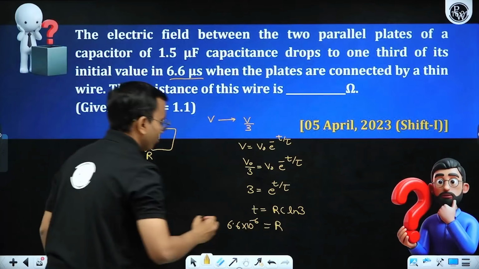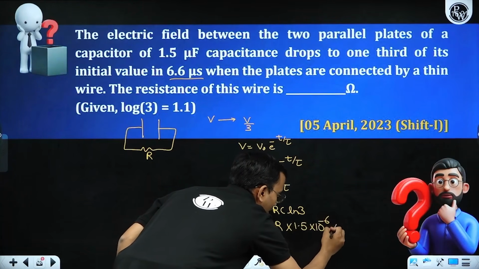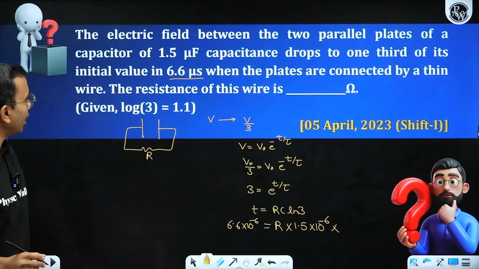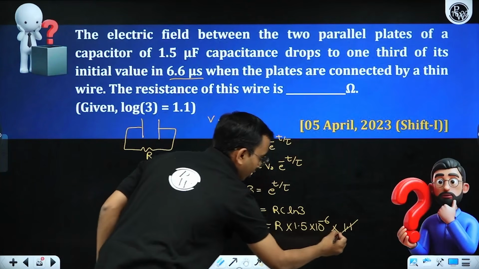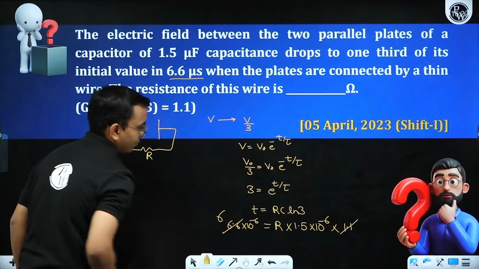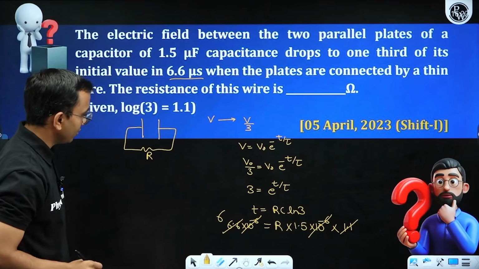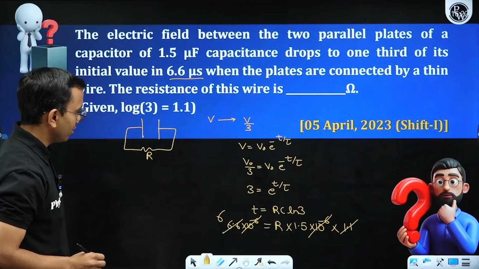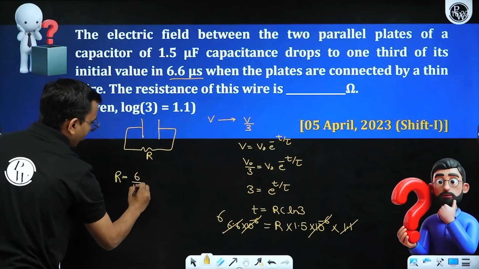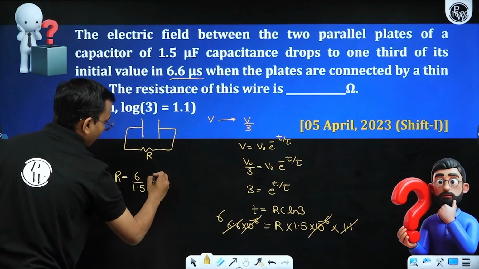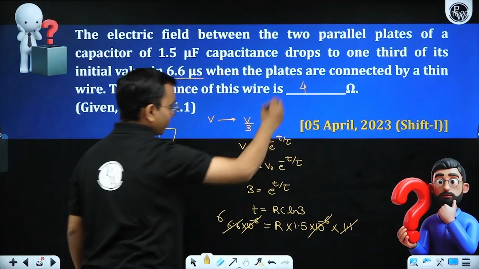C is 1.5 microfarad. And ln 3 is 1.1. So 1.1 into 6, 10 to the power minus 6 got cancelled. So R comes out to be 6 divided by 1.5, and that is 4 ohm. So this comes out to be 4.